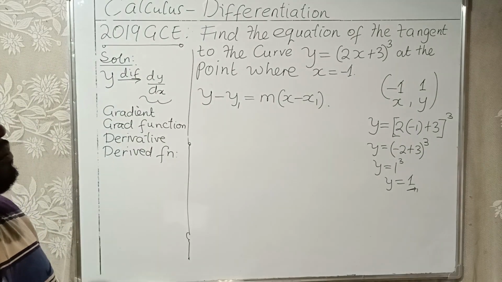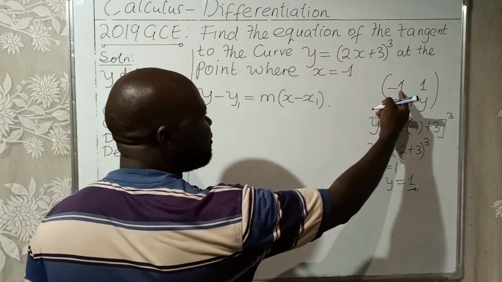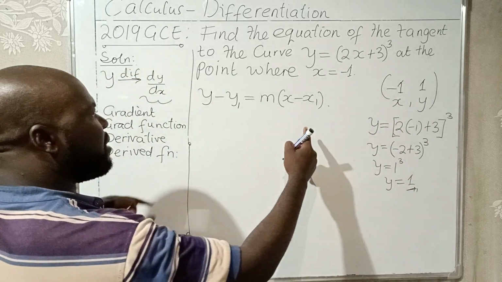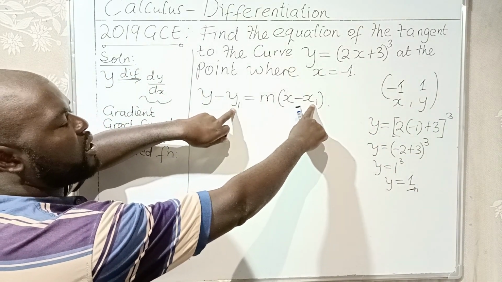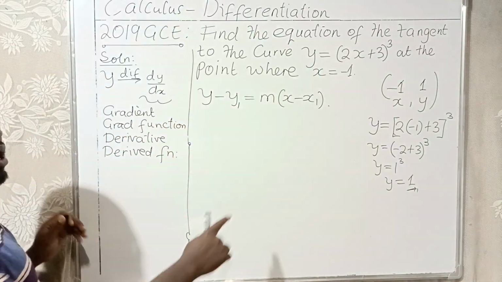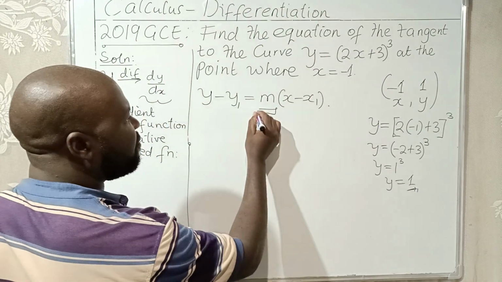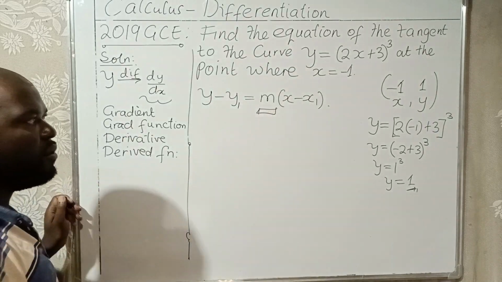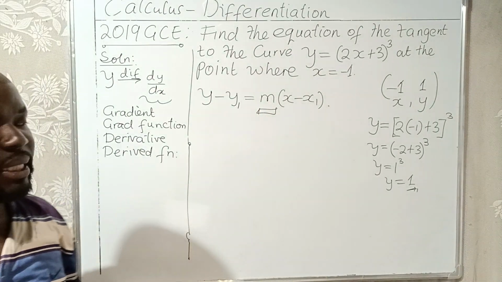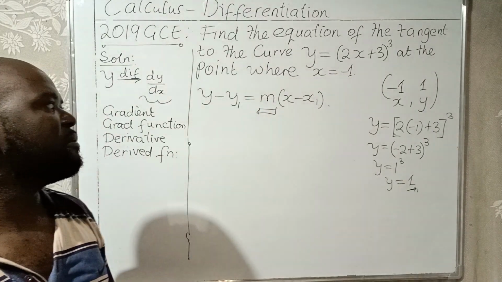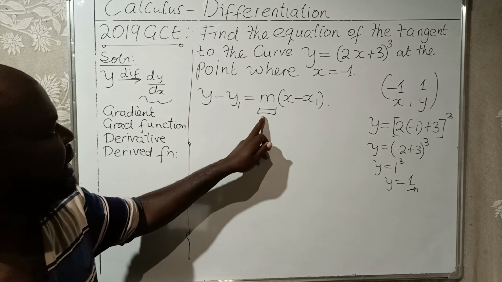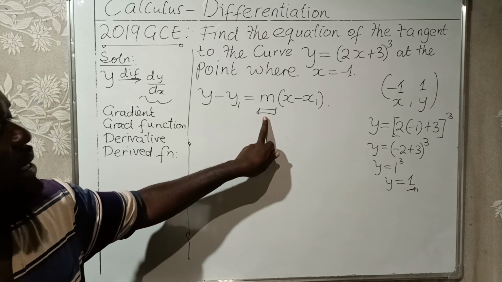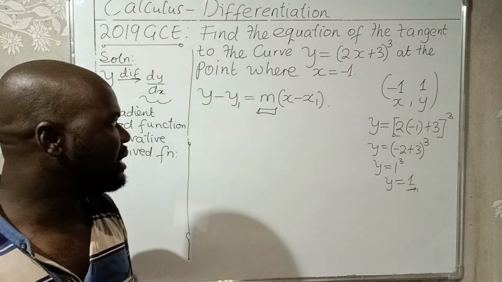Now let us move on. This coordinate (-1, 1), we shall substitute here for x1 and for y1. Now, we do not have m, which is the gradient at this point. So, we need to find the gradient of the tangent at this point.